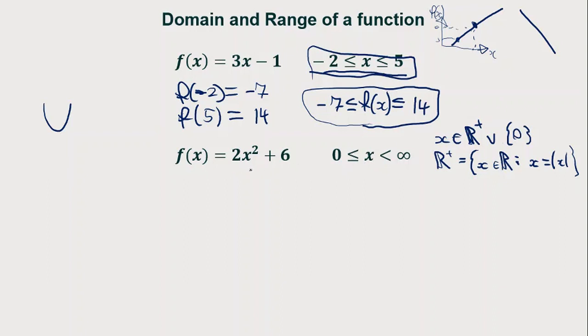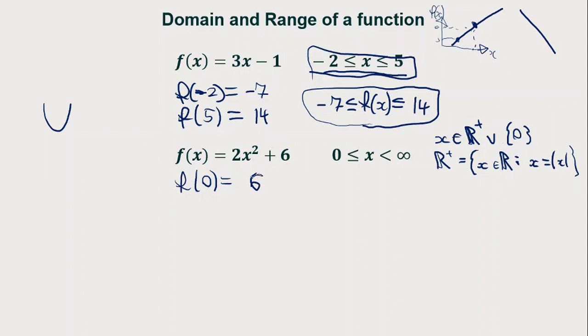Now the question is, what is the range of this function? Well, if we plug in 0, f of 0 is 0 times 0 times 2, that's 0, plus 6, it's a 6. And if you plug in a very large number, which infinity is in one way representing, then this will be huge.